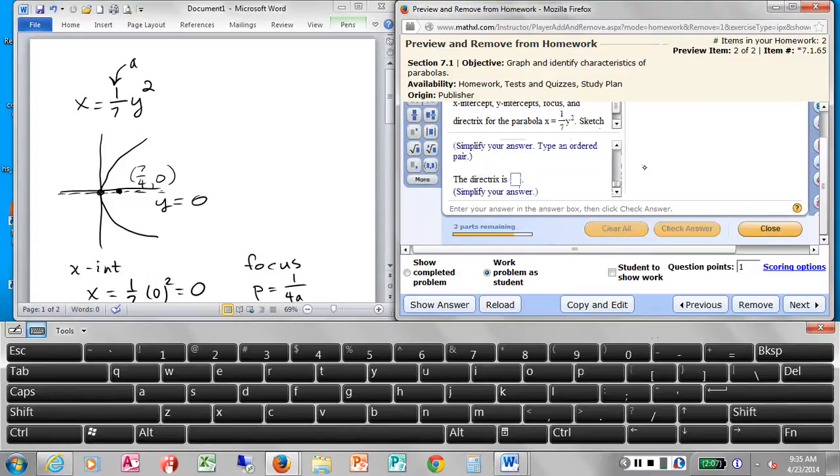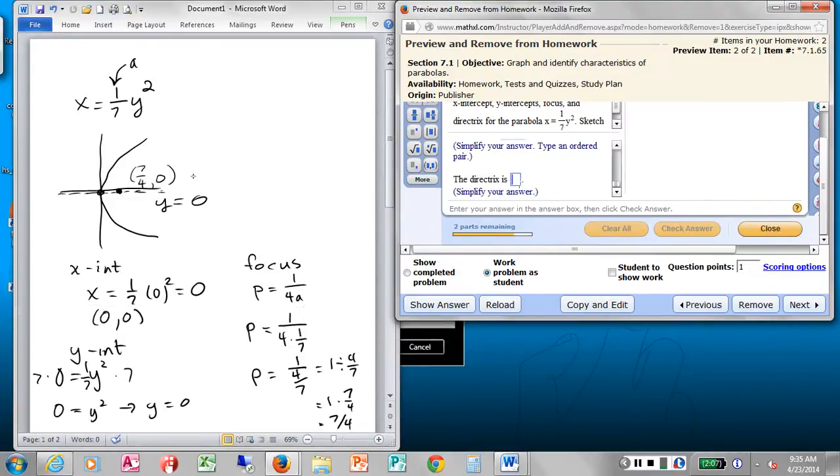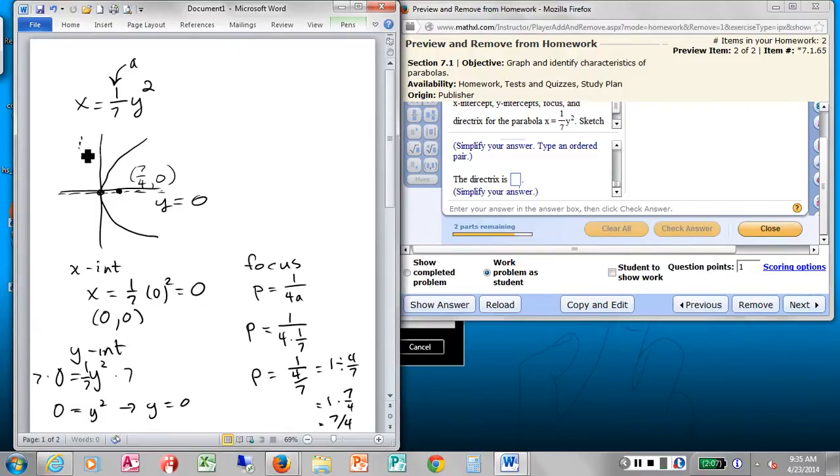All right, what's that? The directrix. Okay, so as we were saying, the directrix then is the line that's opposite, over here on the other side from your focus, and it is minus p that away.